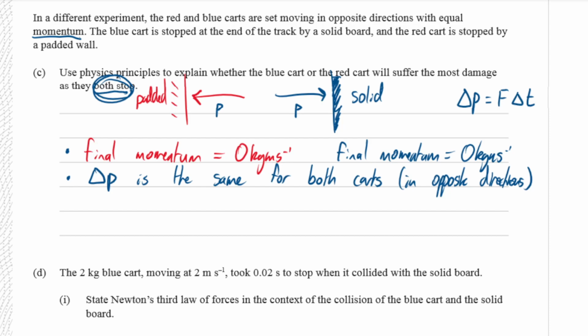And to determine which will suffer more damage, we would be interested to know the force acting on the cart, right? If a massive force is acting on the cart, it will suffer greater damage than if it was a little force. And we've just said that delta P, change in momentum, is the same. What about the change in time?